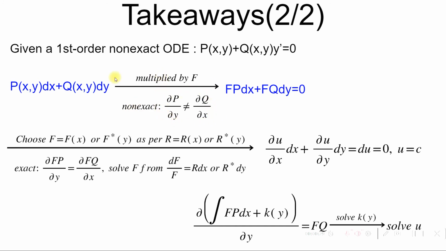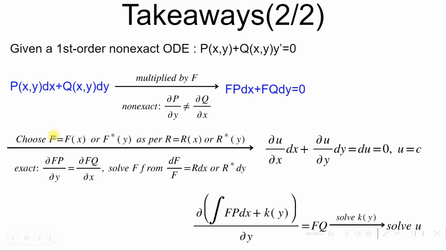So we multiply the equation by f. So the equation becomes this one. And because this equation should be exact, the exactness condition should be met here.